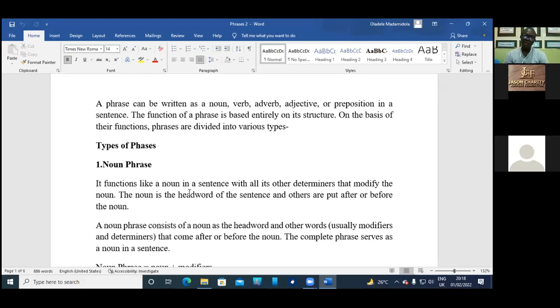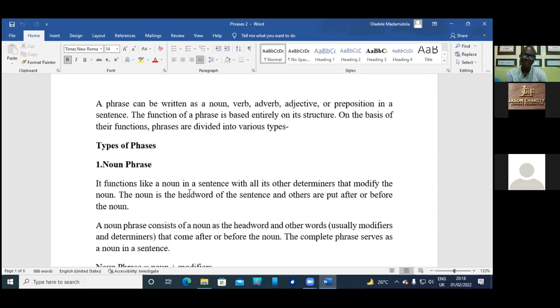A noun phrase can occupy any position that a noun or a pronoun can occupy in a sentence. So if you have a phrase in the position of the subject, it becomes a noun phrase, which means it has a noun as its head word.